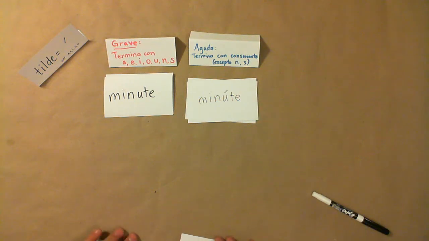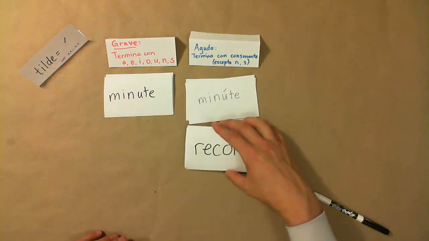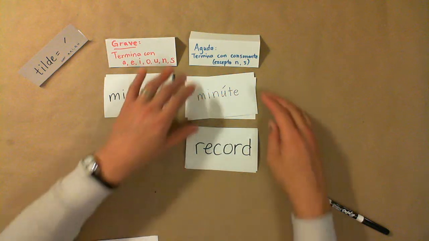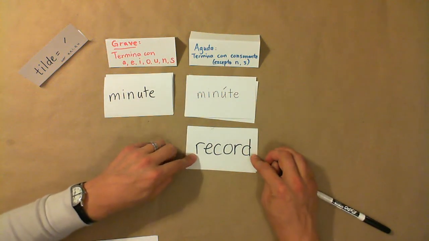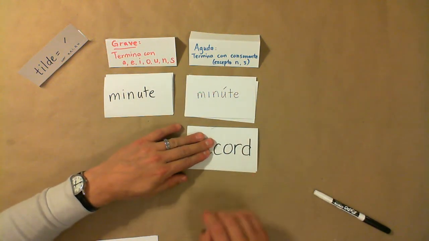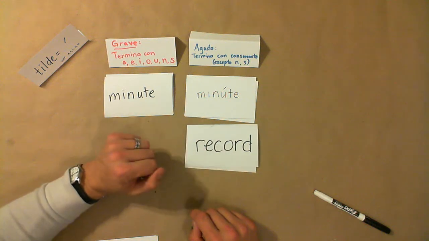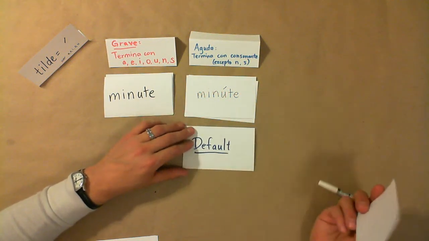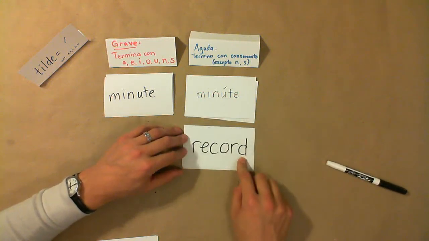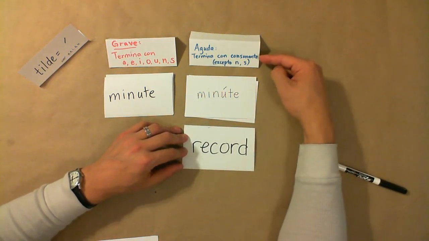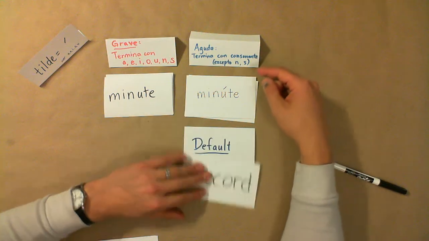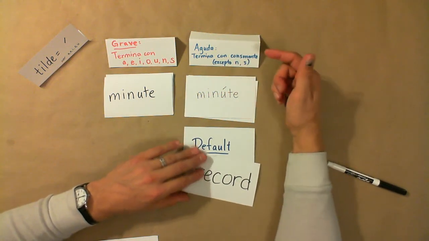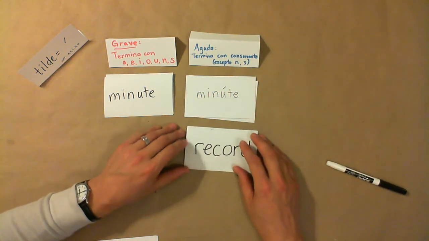Now the opposite that we already talked about is this word record. We said, what if all words that end with consonants naturally sound loud at the end? Record. That's how it is in Spanish. This is the default in Spanish. If you see a consonant at the end, termina con consonante, by default, this is an aguda word, which means you pronounce it stressed at the end.